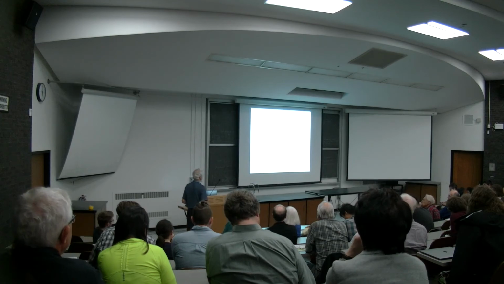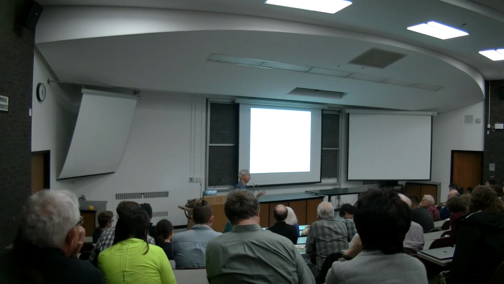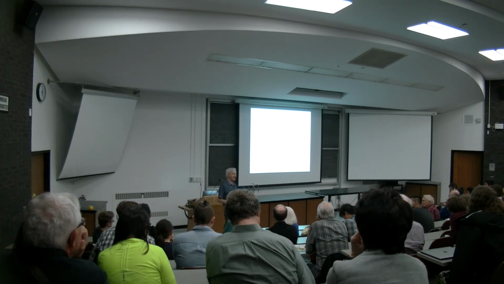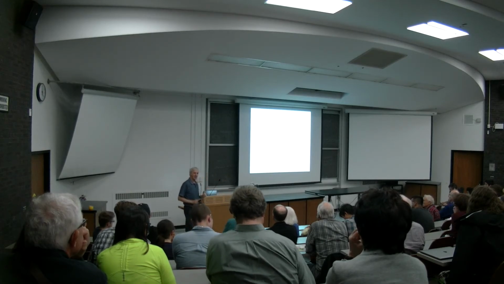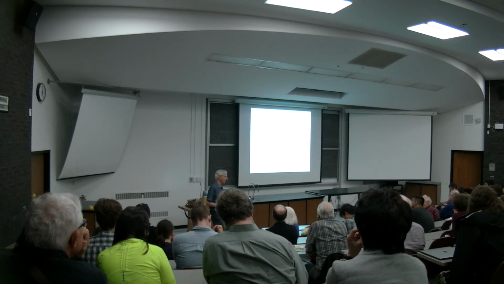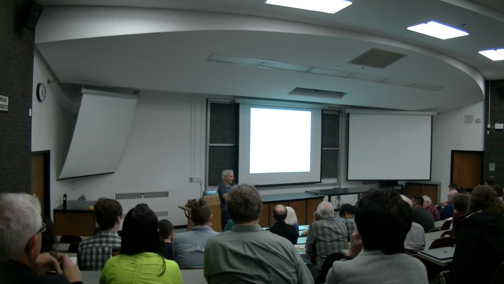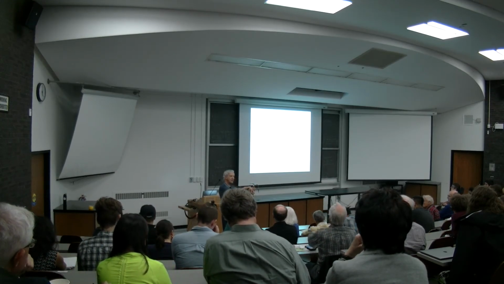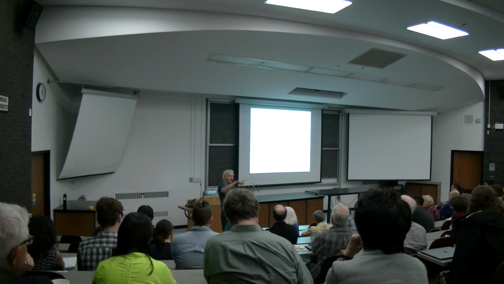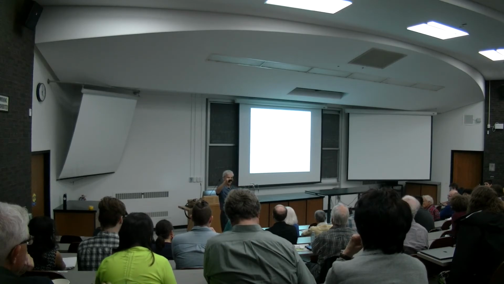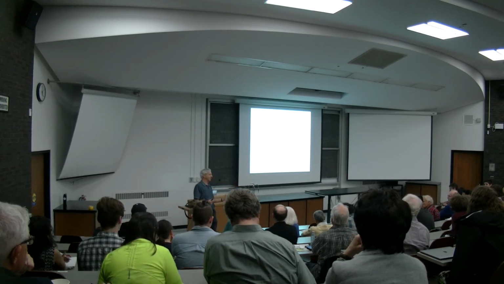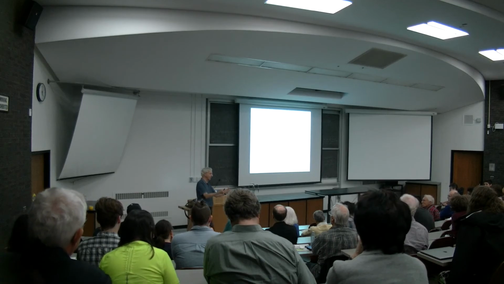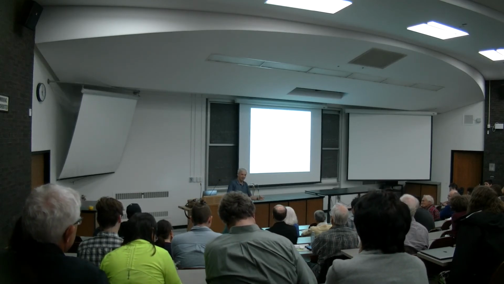So another tip for those of you who write proposals for computer time: the allocations committee always asks you to present a scaling plot, one of those plots that I showed earlier, of how well your code does as you increase the number of processes. They want to see the speedup, because they want to be assured that you're using their big machine efficiently.